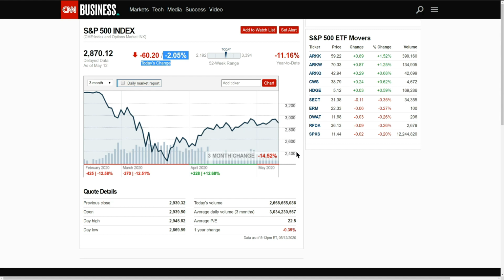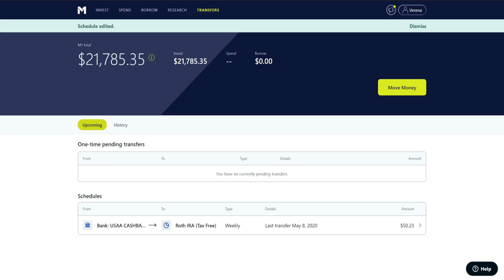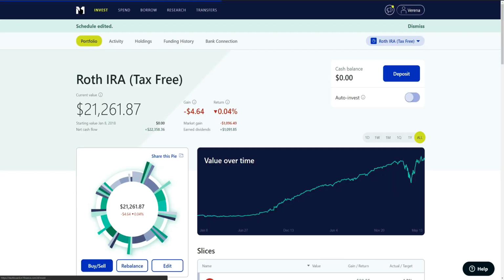We may drop, retest, or even fall below as we go into the second quarter of 2020, and then maybe after that we should see some recovery in the future as small, mid, and large businesses begin to reopen. Maybe they're showing some signs of recovery from the current pandemic. So that is how you adjust your schedules and transfers within the M1 Finance platform.